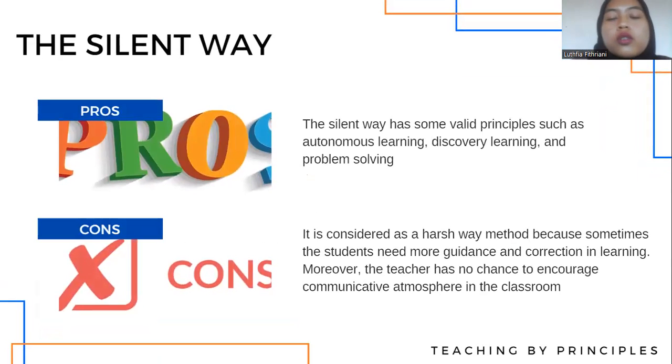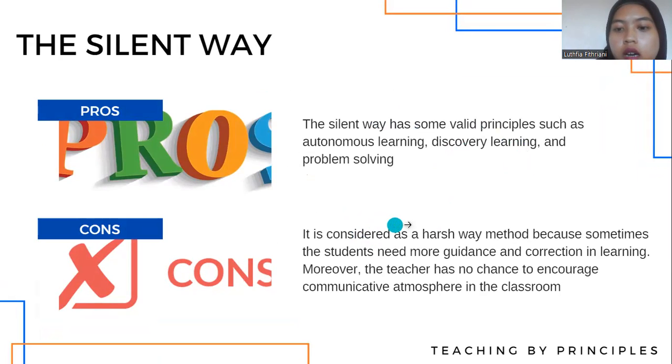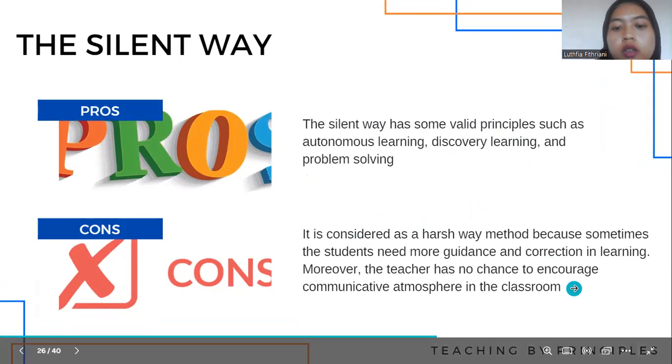The silent way also arouses pros and cons in society. On the good side, the silent way has some valid principles such as autonomous learning, discovery learning, and problem solving. However, it is considered a harsh method because sometimes the student needs more guidance and correction in learning. Moreover, the teacher has no chance to encourage a communicative atmosphere in the classroom.